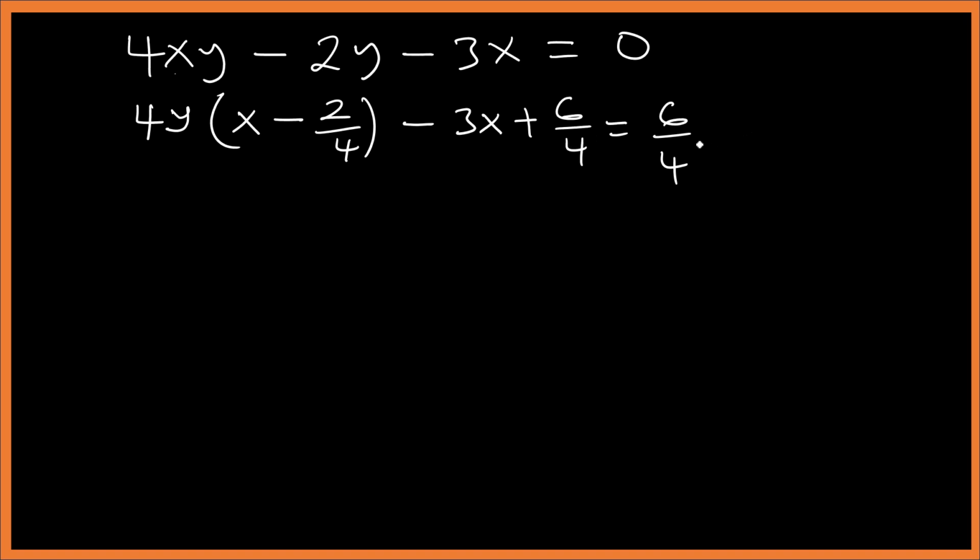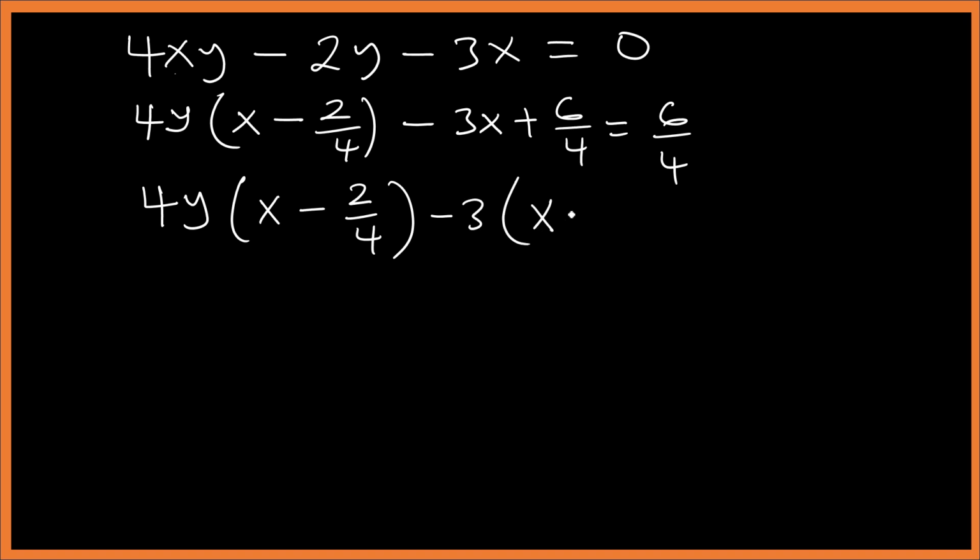Okay, all right. Now this side will be 4y x minus 2 on 4. Okay, all right. Now let me take minus 3 out here, which I will leave with x minus 2 on 4, because minus 3 times x is minus 3x, minus 3 times minus 2 on 4 will be plus 6 on 4 equals to 6 on 4.